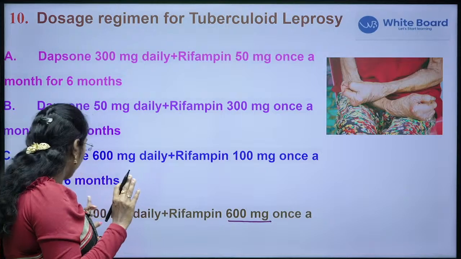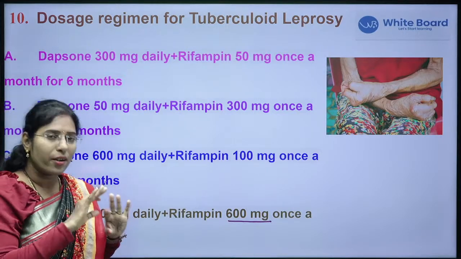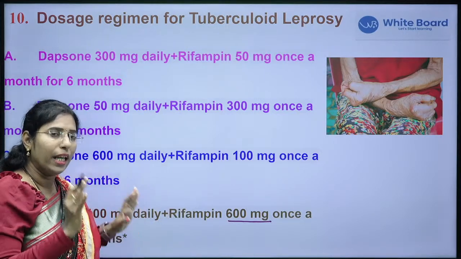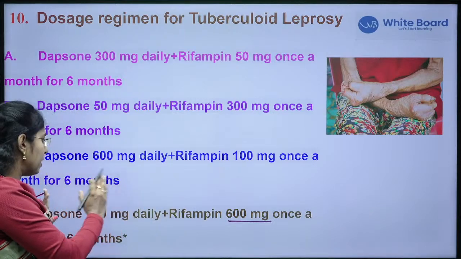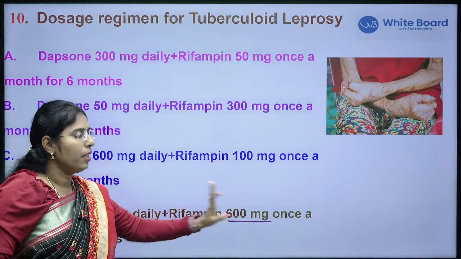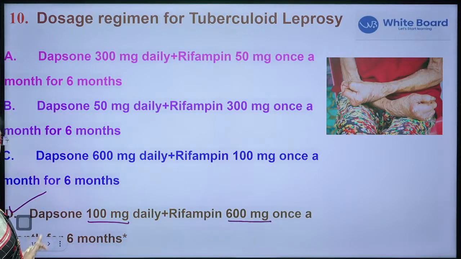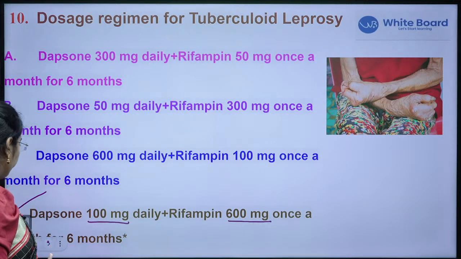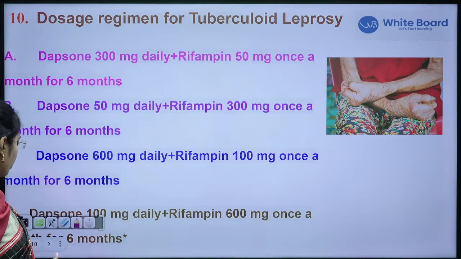But dapsone monotherapy is not recommended by WHO; only a combination of rifampicin and dapsone is used. Dapsone 100 mg and rifampicin 600 mg once a month continuously for 6 months is the correct answer. So, coming to the next question.